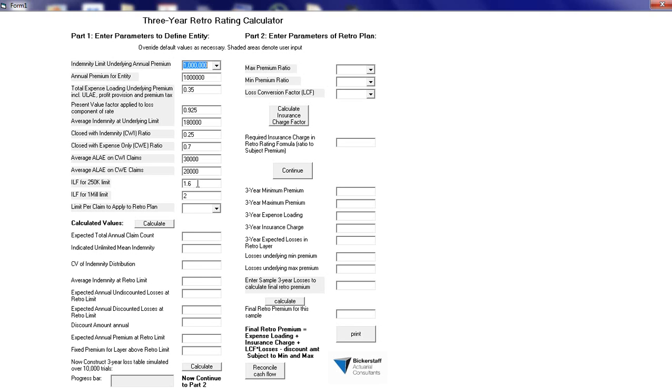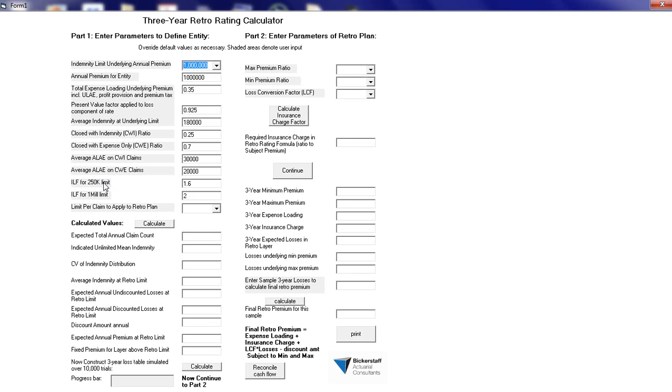The rate filing underlying this rate level, or the underwriting manual for that matter, would have increased limit factor tables, and you know what those are. I won't try to explain. And let's say that for the 250 limit, it's 1.6, and for the million, it's 2.0.